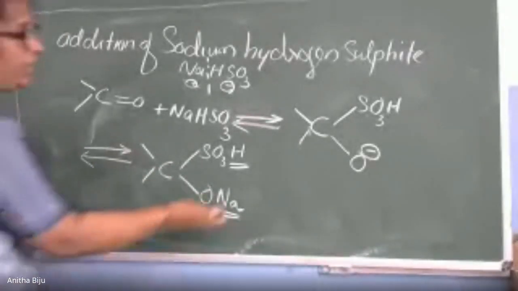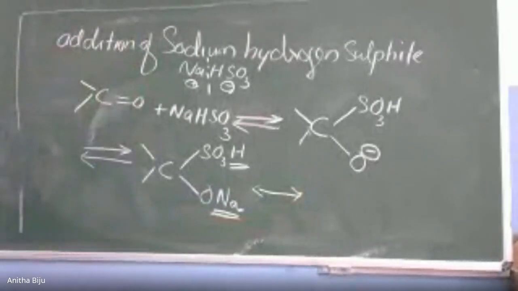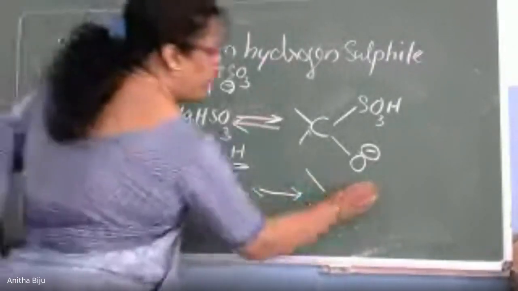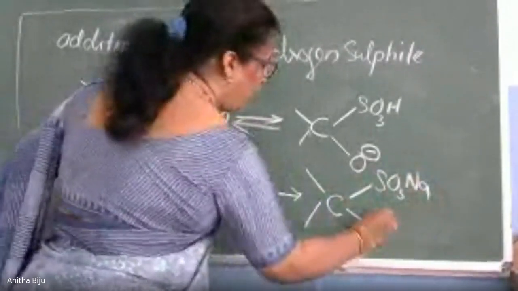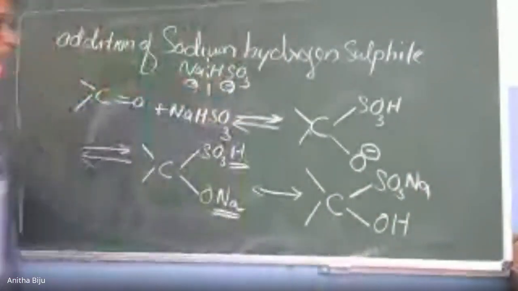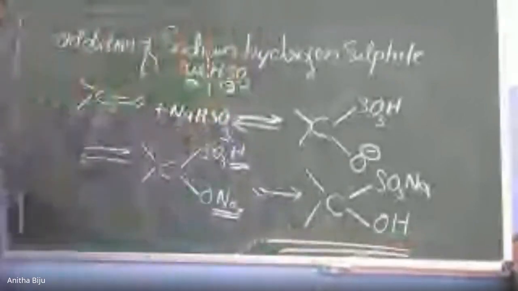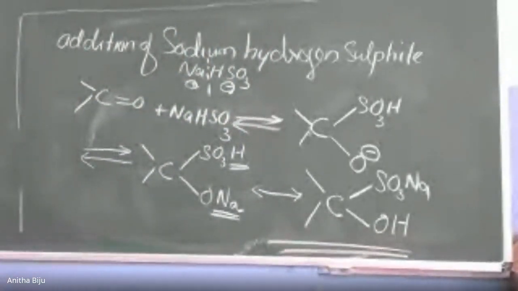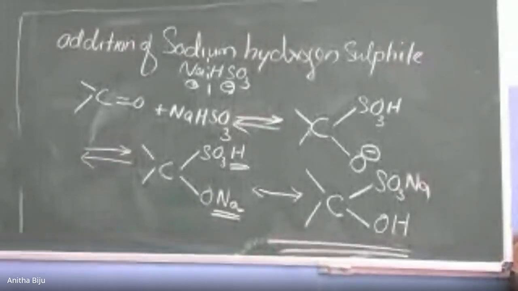Therefore, here there is an exchange between Na and H. So we have the last product, C, SO3Na and OH. This is the last product obtained, and we are not supposed to say any name. Here we can simply say that this is the sulfite addition product.